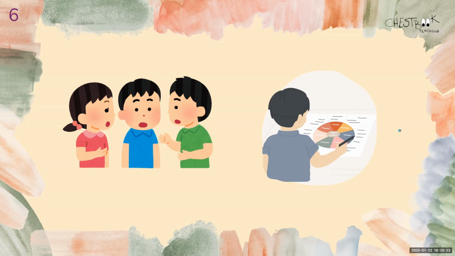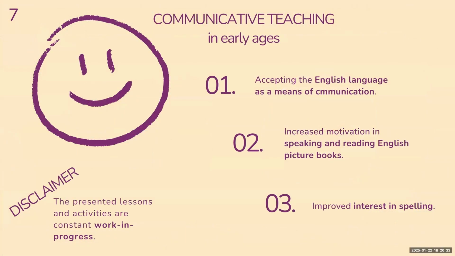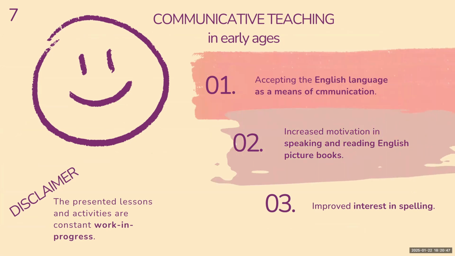Otherwise, the result would be that children would know how to communicate. And I'll try to lead you with questions to how communicative teaching works and why children have the ability to exchange information orally, to receive and understand the written message, and how they can convey a written message.